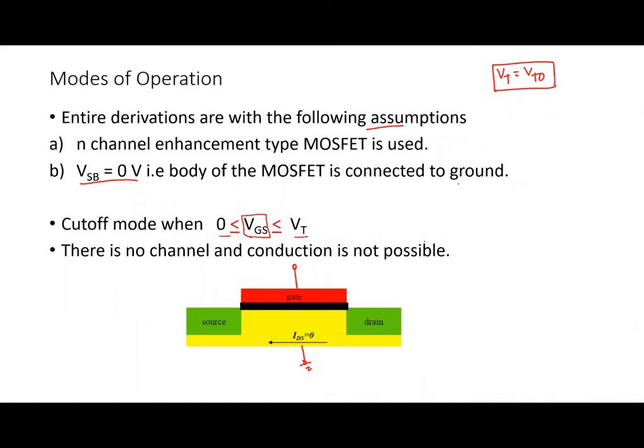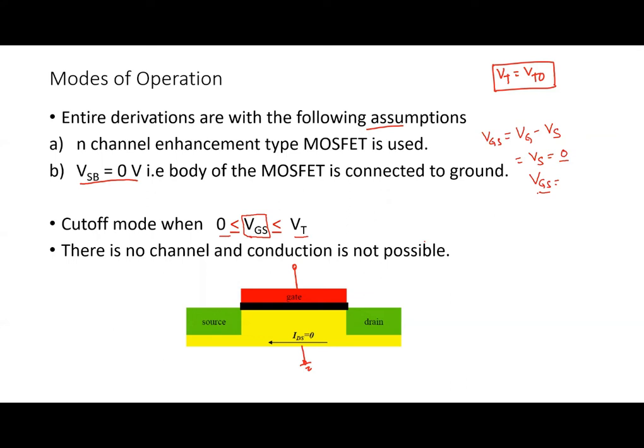We always use the term VGS, which is VG minus VS. The source is grounded, so this is going to be VGS, the gate voltage with respect to the source.